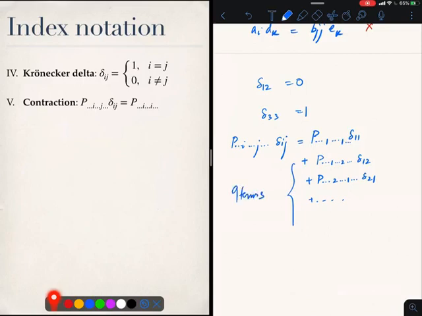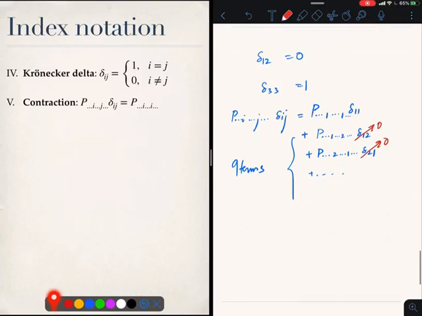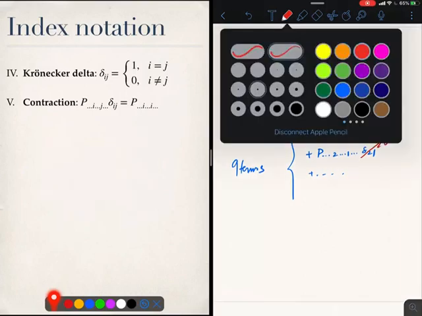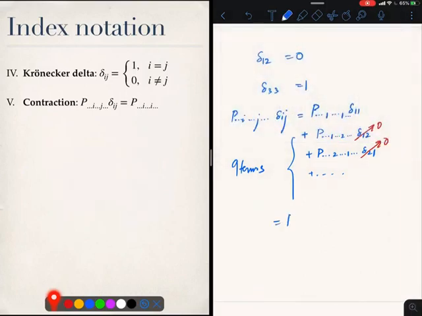And what you know is that because of this property, this will be 0, that will be 0, right? So you agree that all that will survive at the end of this will be p_11 delta_11, and then let me just take a shortcut.